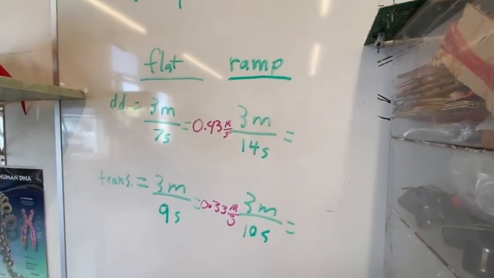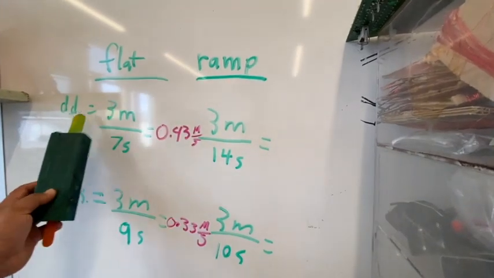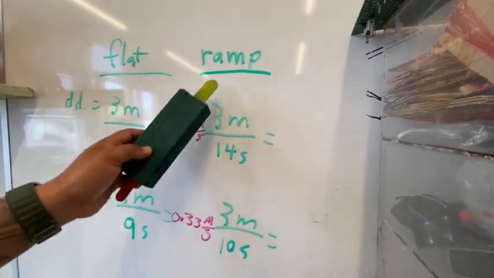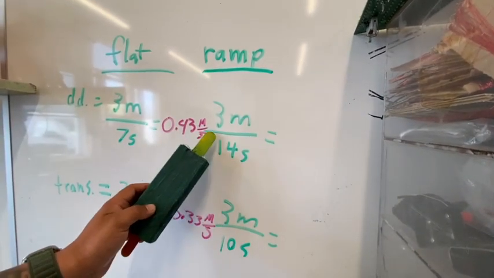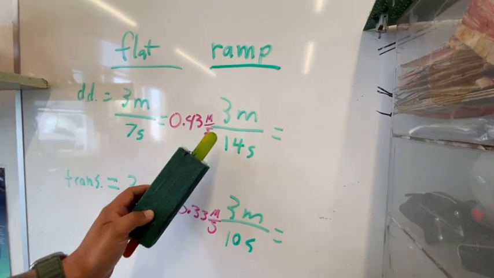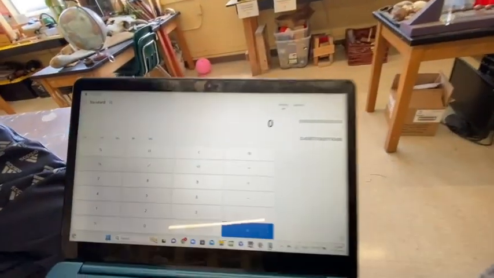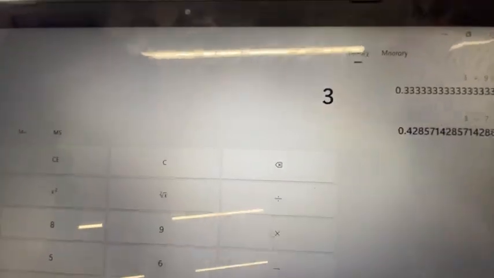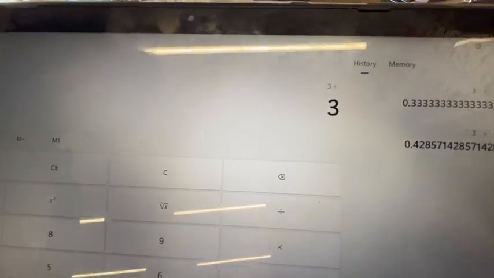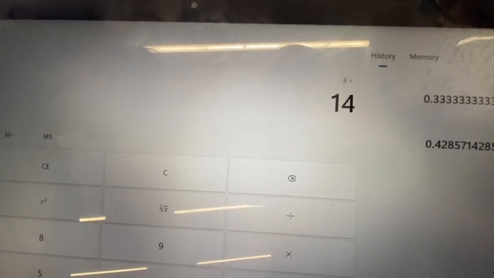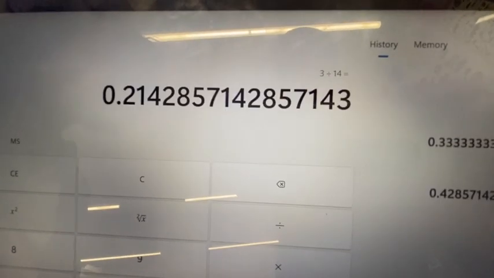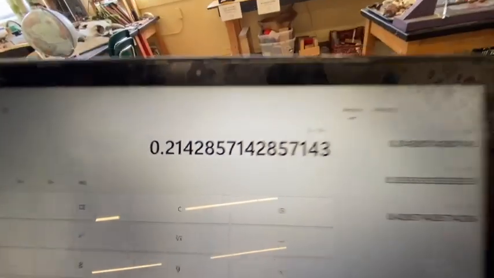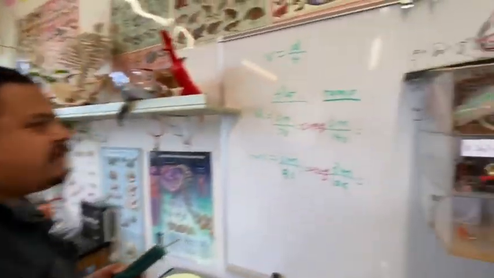Okay, awesome. So now we got that. Let's do the ramp. So direct drive took 14 seconds to go up a 3-meter ramp. So let's calculate that. Okay, so that's 0.21 meters per second.